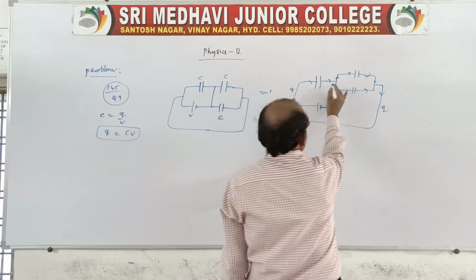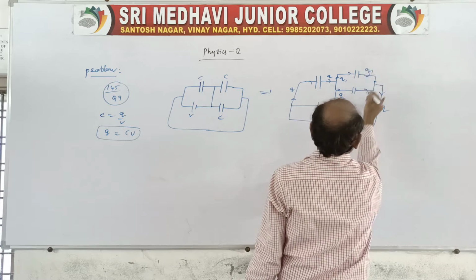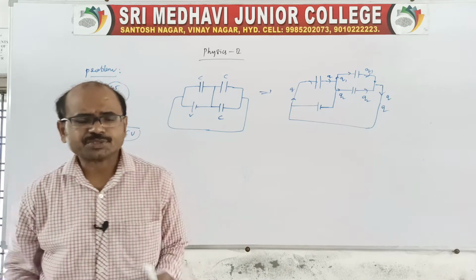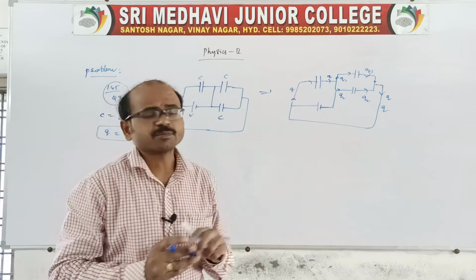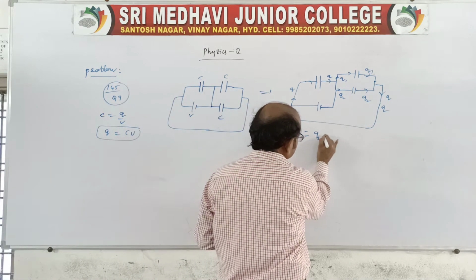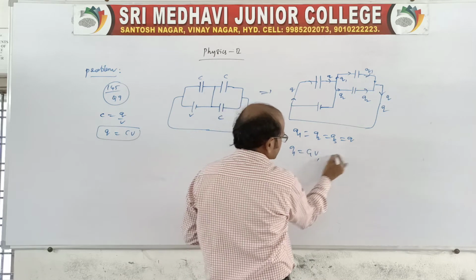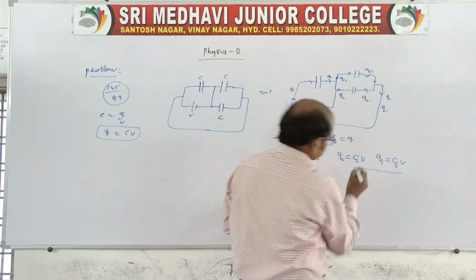Suppose the charge is Q. It comes in as Q and is divided as Q1 and Q2, and again it comes out with the same charge. In the circuit, whatever charge enters must leave from the other end. So we can say the charges remain the same, Q1 is equal to Q2 is equal to Q3 is equal to Q. So Q1 is equal to C1V, Q2 is equal to C2V, Q3 is equal to C3V.